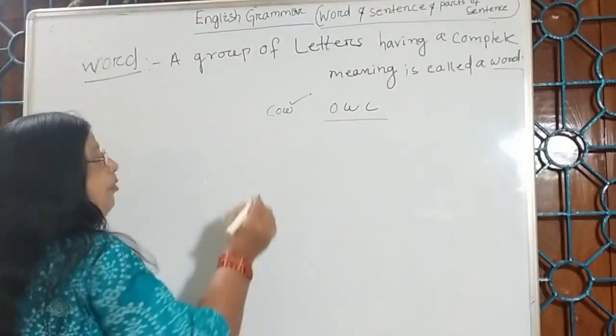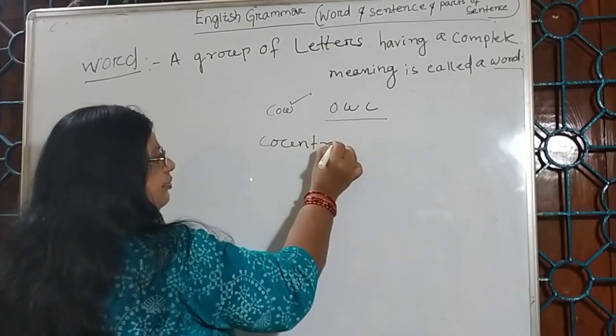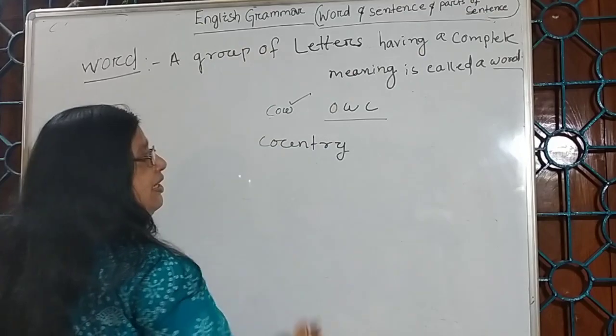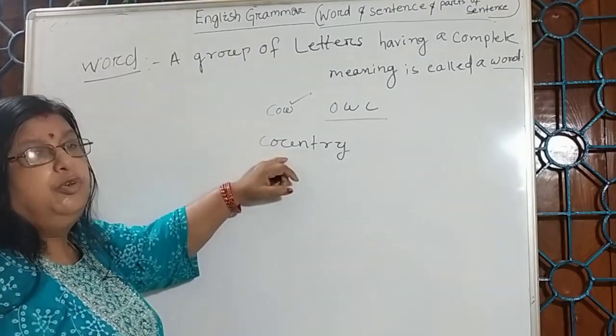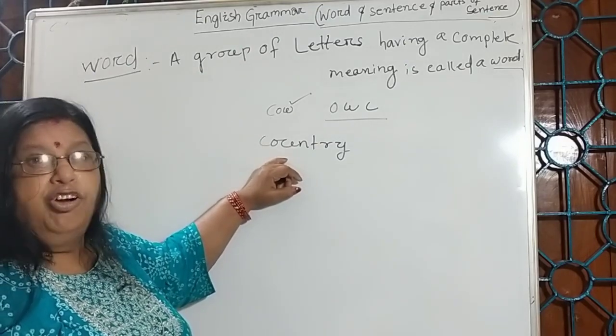Next, if I see country, 1, 2, 3, 4, 5, 6, 7, 7 letters. It is making one group and having a complete meaning. Country.